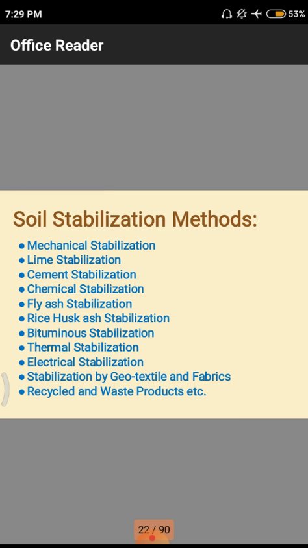In chemical stabilization, we use different salts and resins to decrease the voids in the soil. Why? Because we have earth in different layers.